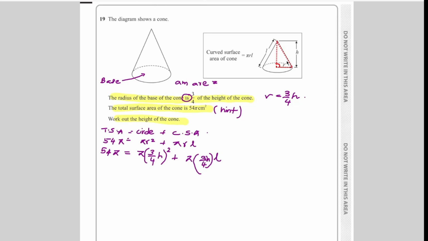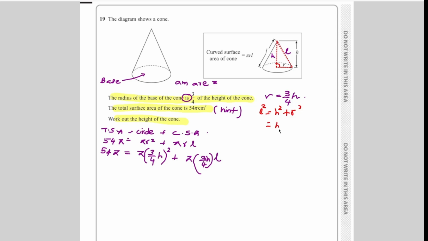So in this cone, this is h, this is r, this is L. I can write using Pythagoras theorem, L squared is equal to h squared plus r squared.